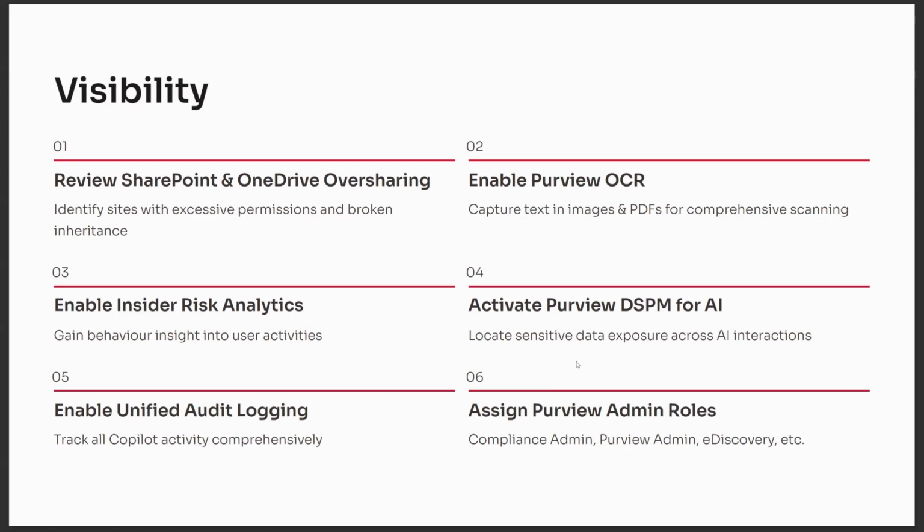Another one we also need to focus on is enabling the unified audit log. I need to make it noteworthy that for us to have all these assets, we also need to make sure that we have the Copilot licenses assigned to users that we need to make use of Copilot.